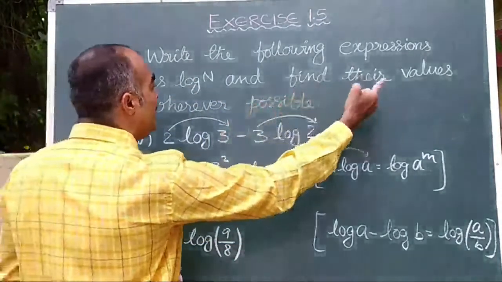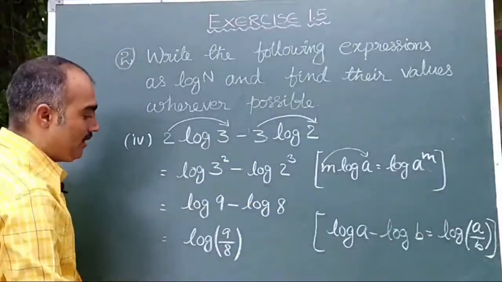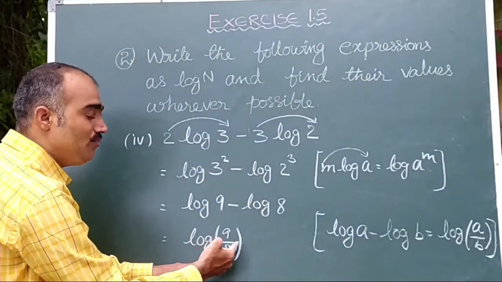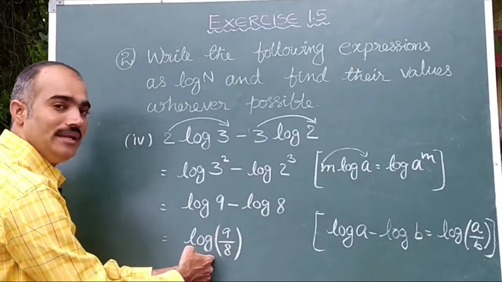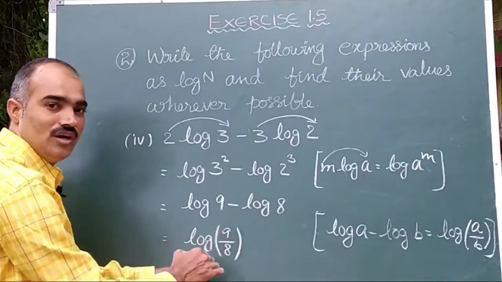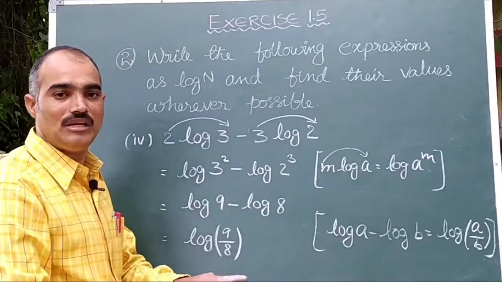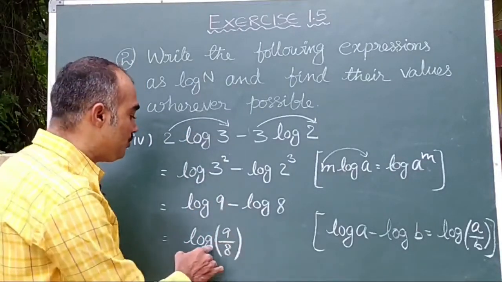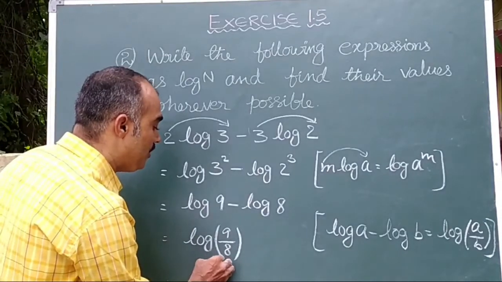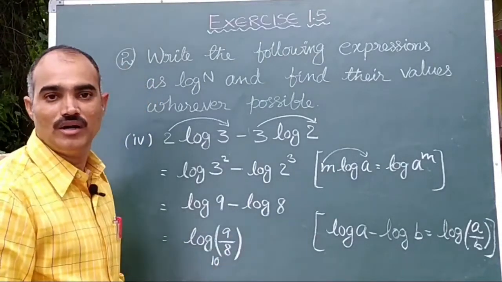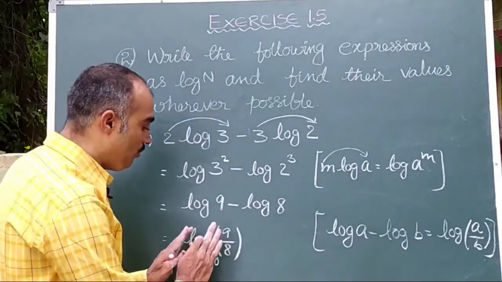Now find their value wherever possible. For example, if we are able to write the base as 9 by 8, then we can say its value is 1. But I have told you, children, if no base is given, we should take only 10. We should not take any value we want, we should take only 10.